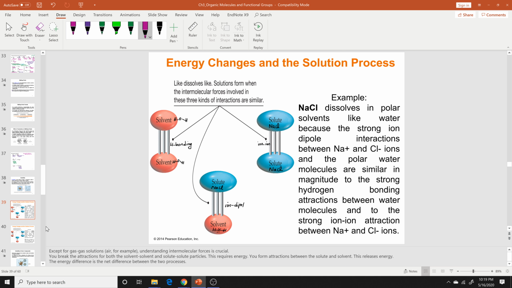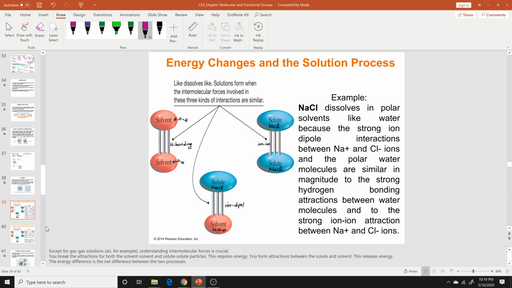So for example, sodium chloride dissolves in water. Water is polar. Sodium chloride is ionic. The reason why sodium chloride dissolves in water, first, is that the intermolecular forces between the sodium chlorides are ion-ion interactions. The intermolecular forces between the solvent molecules are basically hydrogen bonding.